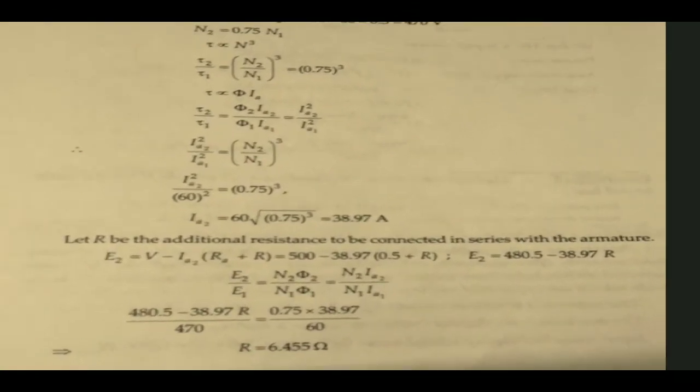So Ia2 equals 60 into root over 0.75 cube, which equals 38.97 ampere. So the value of the second condition current, Ia2, equals 38.97 ampere.